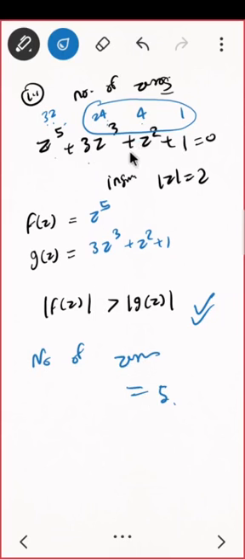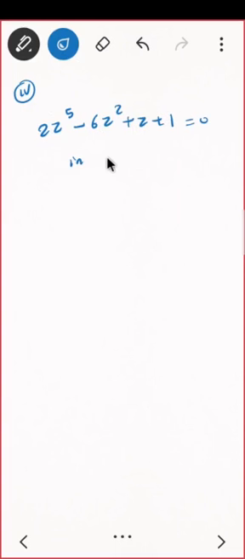Now one more type, maybe the next thing will be here. Again, determine the number of roots. Same question, of this function 2z raised to 5 minus 6z square plus z plus 1 equal to 0. Find the number of roots in this domain, in the annulus, that is 1 is less than mod z is less than 2.